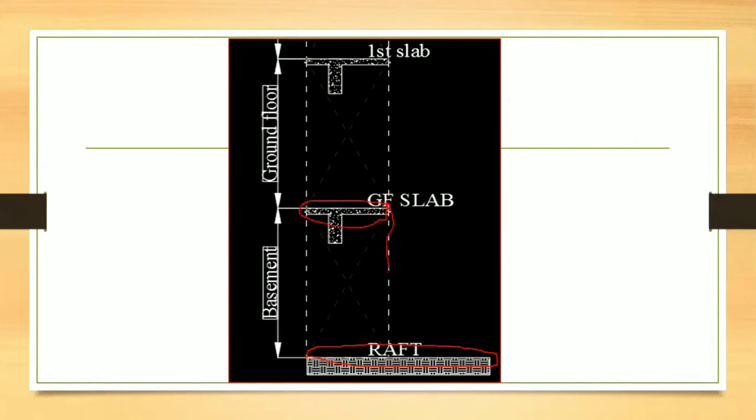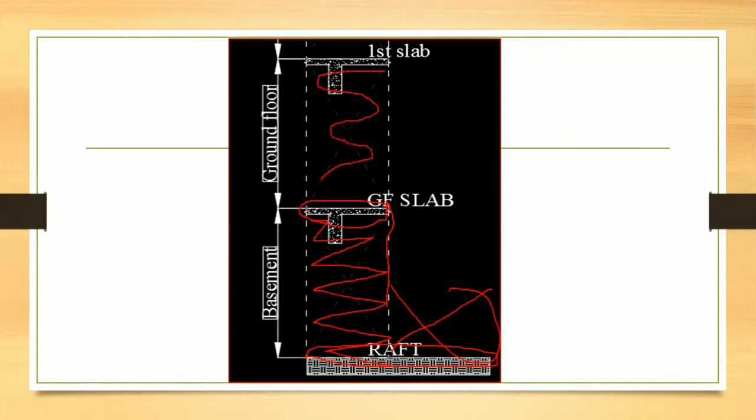This point is the restriction of ground floor slab. So this area of raft will not be considered in built-up area calculation, whereas this enclosed area will be considered for the calculation of built-up area. This area won't come in built-up area, whereas this area will be calculated for built-up areas. Similarly, this area of the ground floor will be considered in the calculation of built-up area.